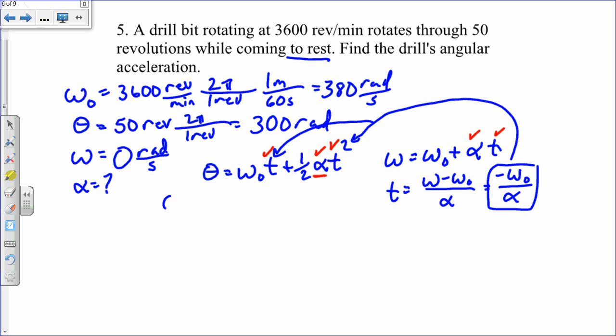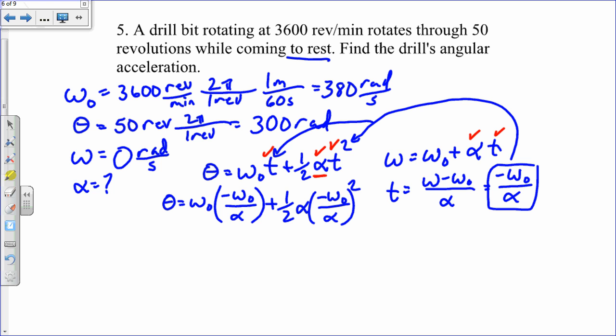So theta equals omega naught times minus omega naught over alpha, that's T, plus 1/2 alpha times minus omega naught over alpha, squared. All right, so I'm trying to get to alpha.